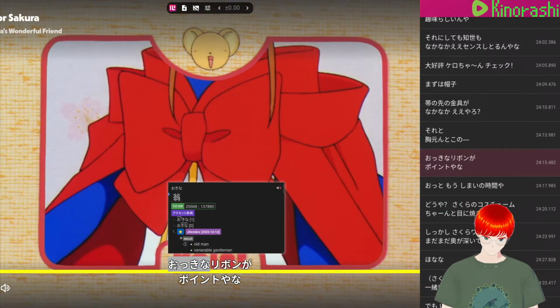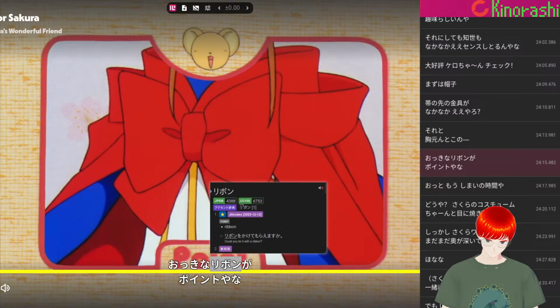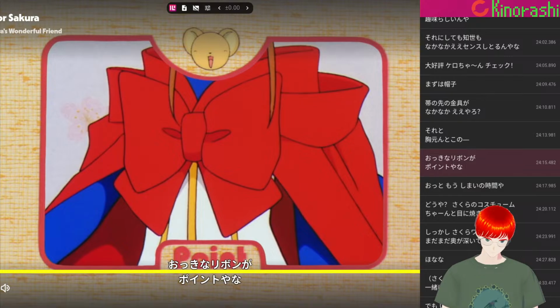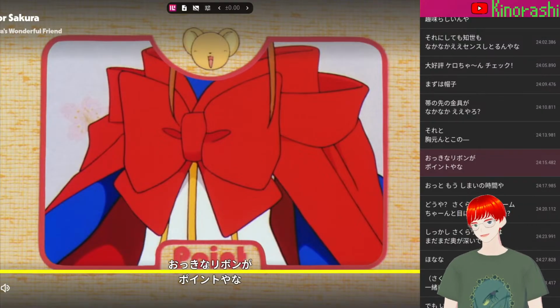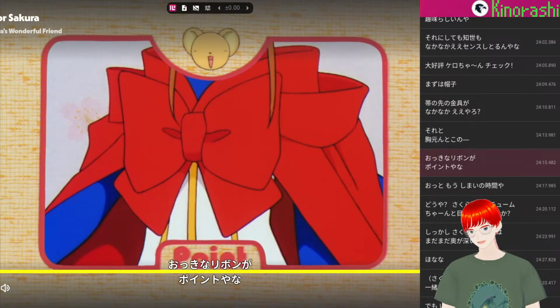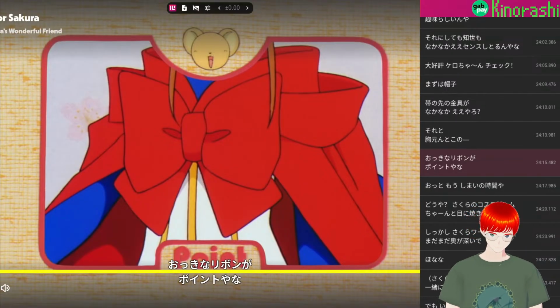Okinari. Okina. Ribbon. Oh, this is just okina, but he's saying it with more emphasis. Okina, yeah. Oki has a keiyoshi form and a keiyodoshi form. Oki is the keiyoshi form and okina is the keiyodoshi form.